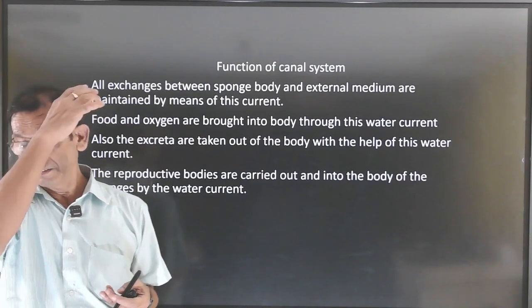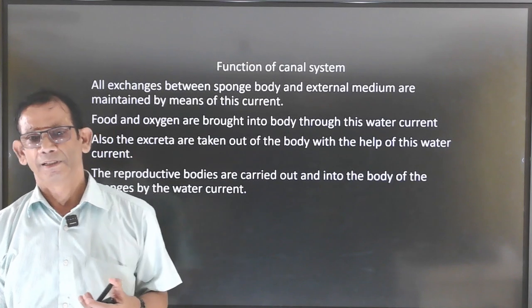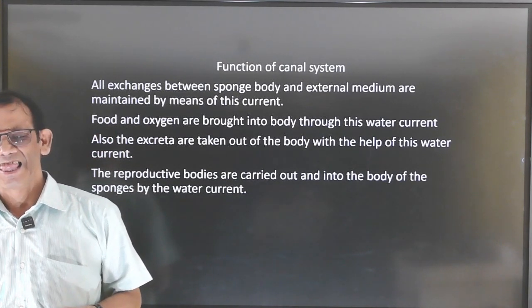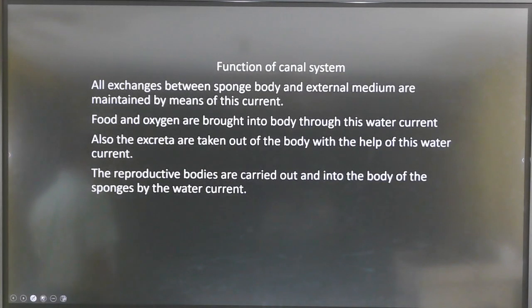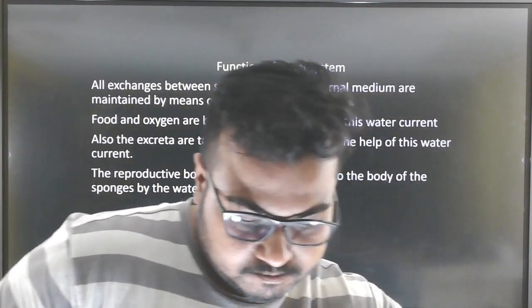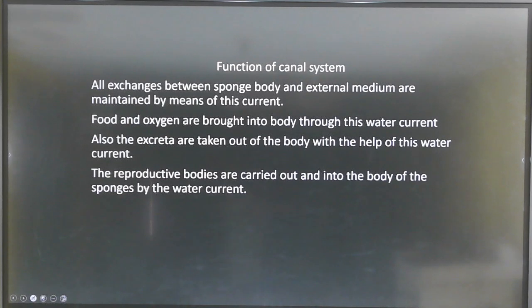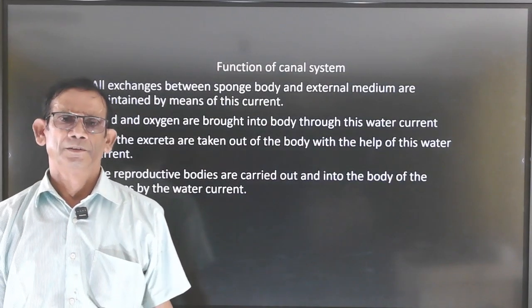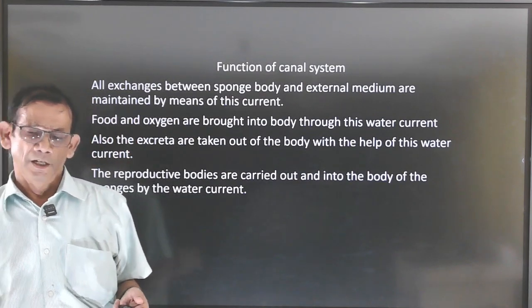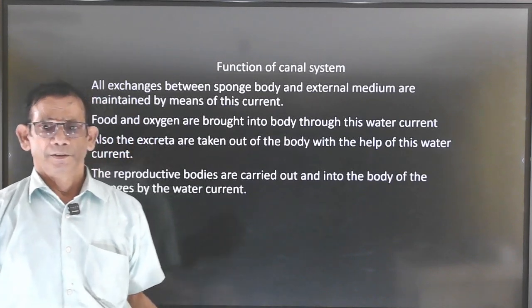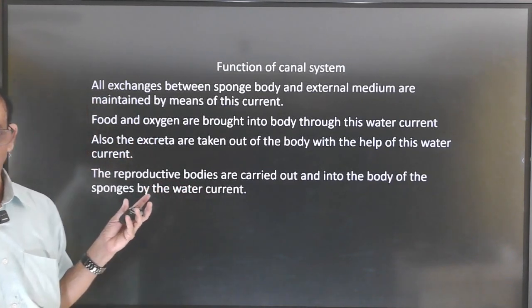As sponges are very small animals, the various physiological processes occurring due to the presence of the canal system are respiration, nutrition, circulation, and at the same time excretion and reproduction.